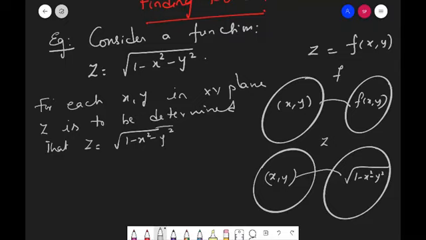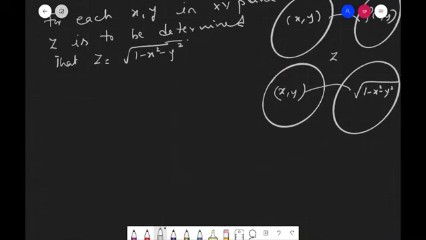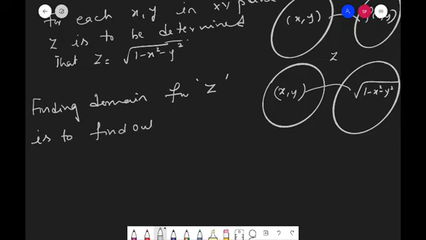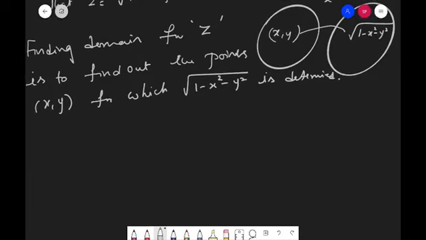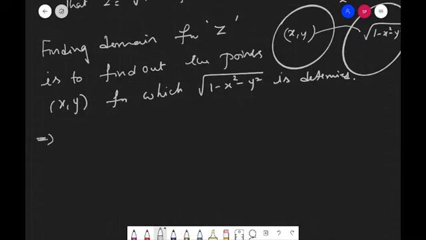So finding the domain for z is to find the points x, y for which the square root of 1 minus x square minus y square is determined.